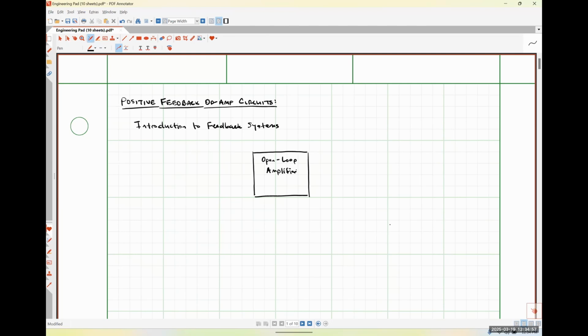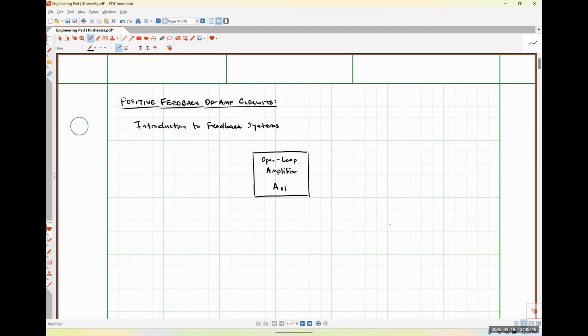And my open loop amplifier system is going to have a gain of A_OL. I'm not saying specifically that this is a voltage amplifier or current amplifier or anything like that. It could be anything. We're dealing with everything very generically right now. So I've just got this open loop amplifier system.